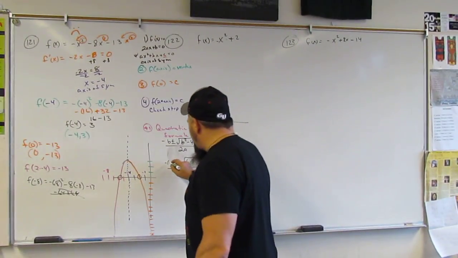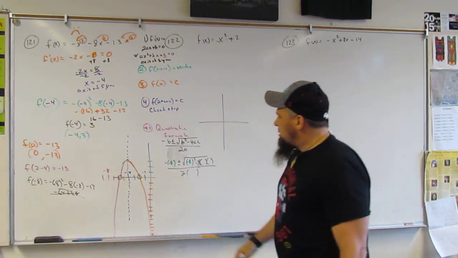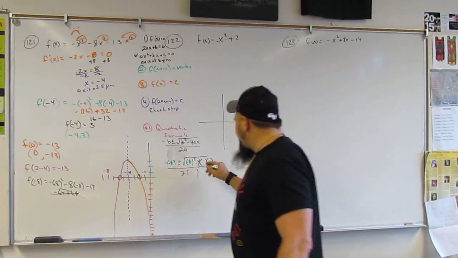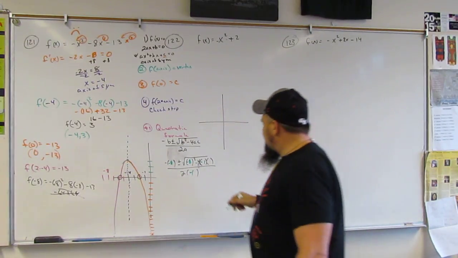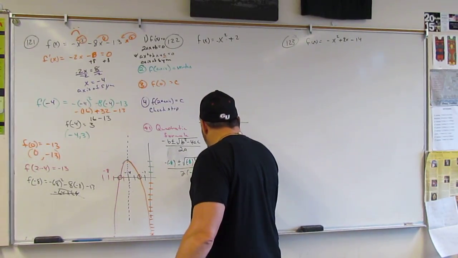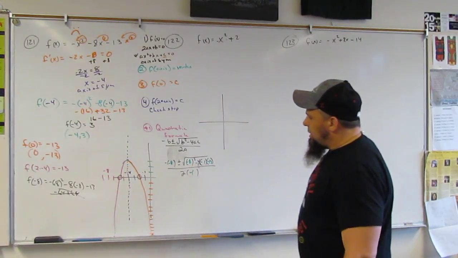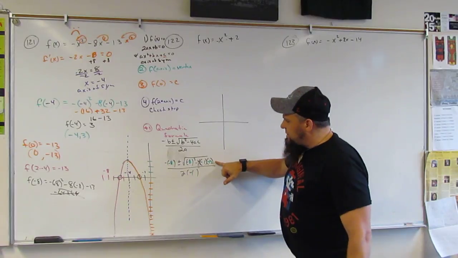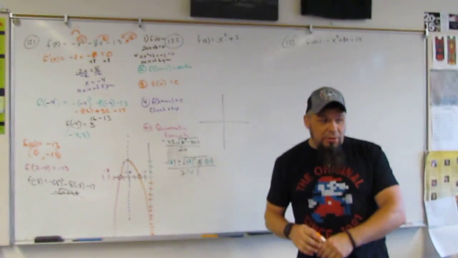B is negative 8. Okay? A is negative 1. C is negative 13. Okay? And then hopefully this number is not bigger than that number, because then we did something wrong.